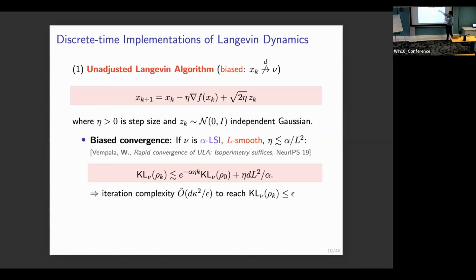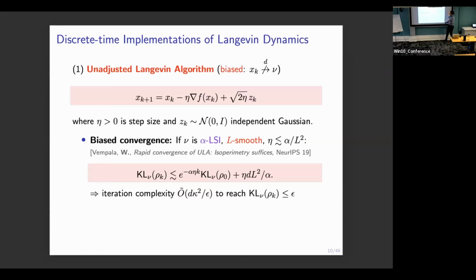Under log Sobolev, and if we assume that the target is smooth, meaning that this f has bounded Hessian, then for small enough step size, the KL divergence at the kth iterate is bounded by one term that goes to 0 exponentially fast with k. So this is like in continuous time. But then plus this asymptotic term, which doesn't go to 0 with k. This is independent of k, but it scales with the step size eta. So even though there is this asymptotic term here, we can make this small by choosing eta to be very small, right?